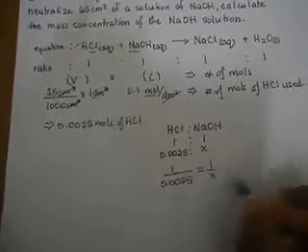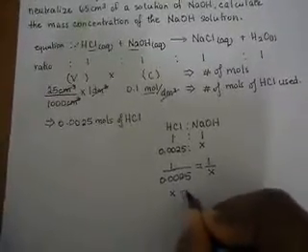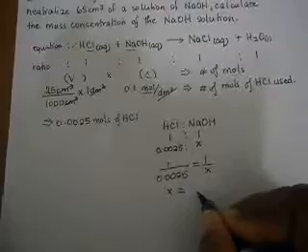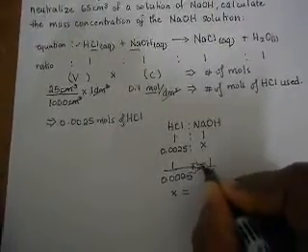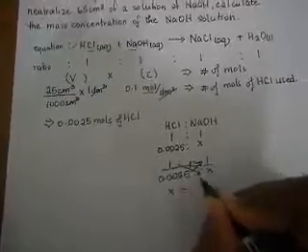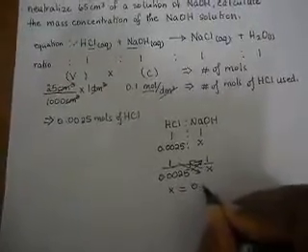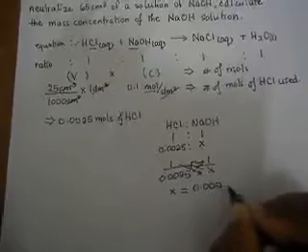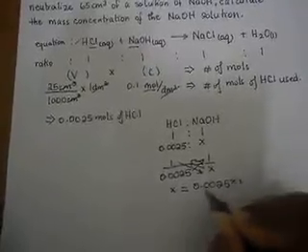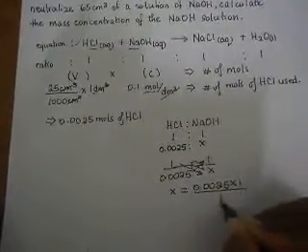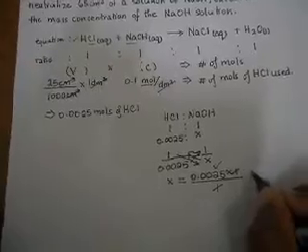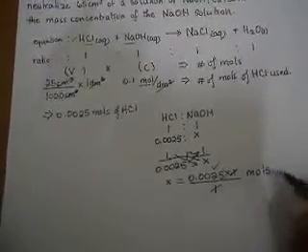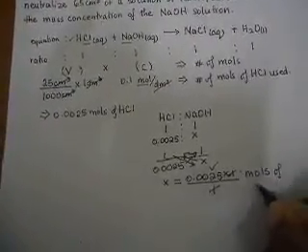And we know everything is in moles. X is basically equal to, you cross multiply, and you bring this down. So X is going to be equal to 0.0025 times 1 all over 1. That goes, and you're left with just 0.0025 moles of NaOH.